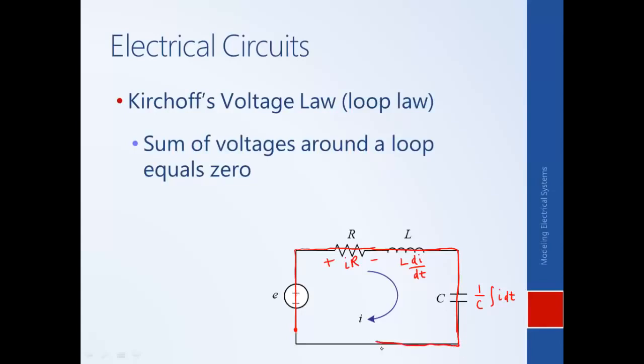At this point, we're back to where we started, and so the total change in voltage should be 0. If we were to write this as an equation, it would look like this. So as we go across, we have an increase in voltage of E, then we drop across the resistor, then we drop across the inductor, and then we drop across the capacitor, and the total sum should be 0 since we're back to where we began.